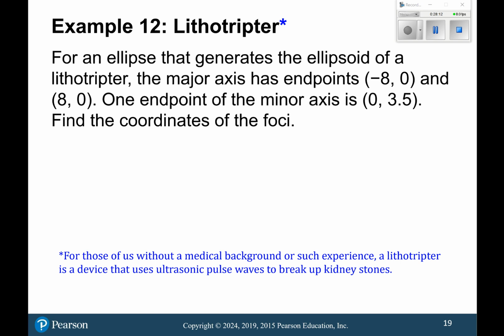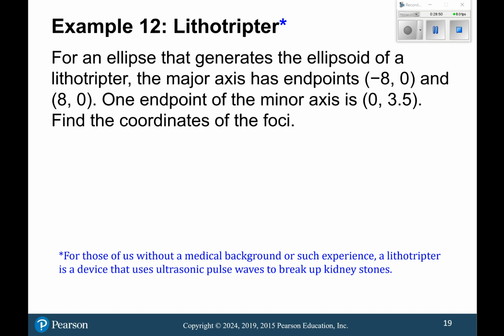Example 12, the lithotripter. Yeah, if you're not familiar with this, I looked it up. Using ultrasonic waves, blasting them through the soft tissue of a person who has kidney stones. Okay, so those are deposits of usually calcium that build up in your kidneys and can block things, and they get too big.